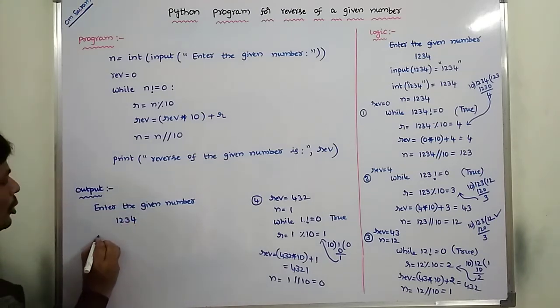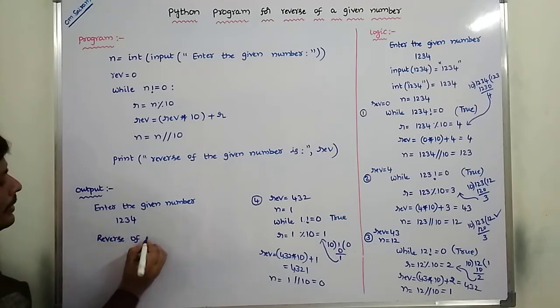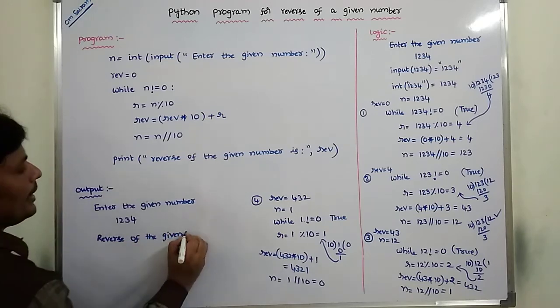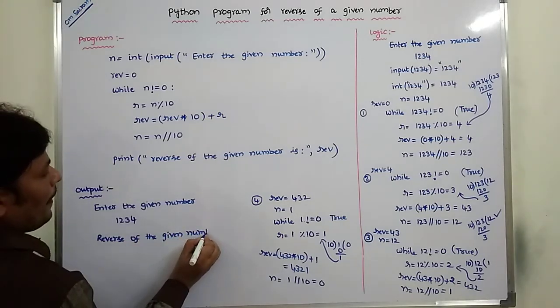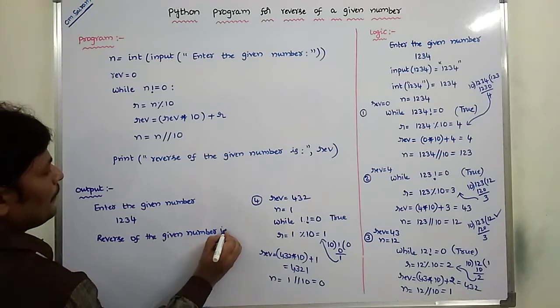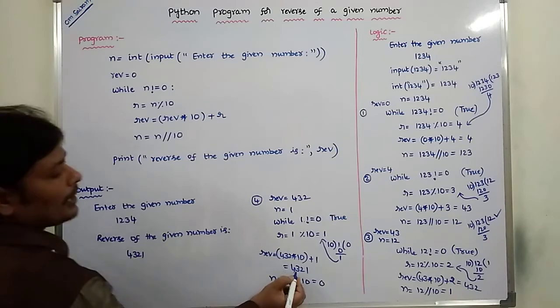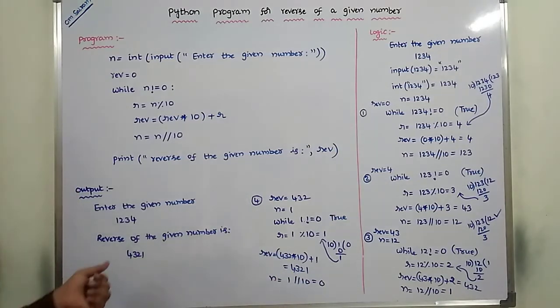The output is: reverse of the given number is 4321. Finally we are getting 4321. This is the reverse of a given number.